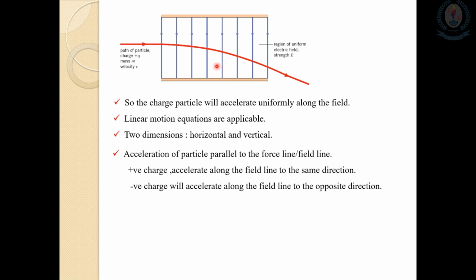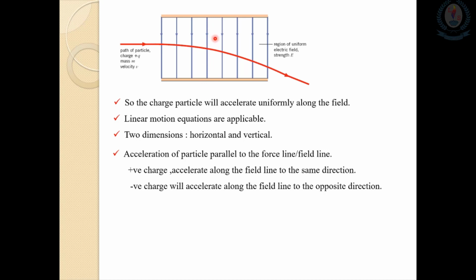So what will be the motion now? As the particle enters horizontally and the force acts vertically, there won't be any force acting on the charged particle horizontally, because there is a 90-degree angle between the horizontal and the force acting direction.